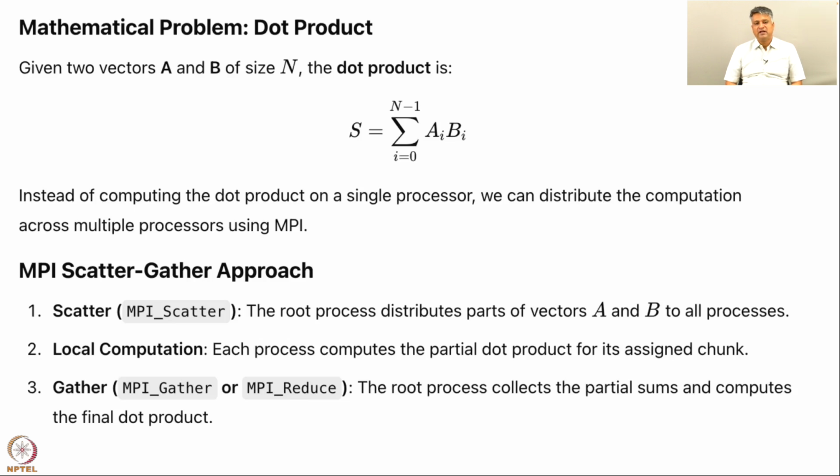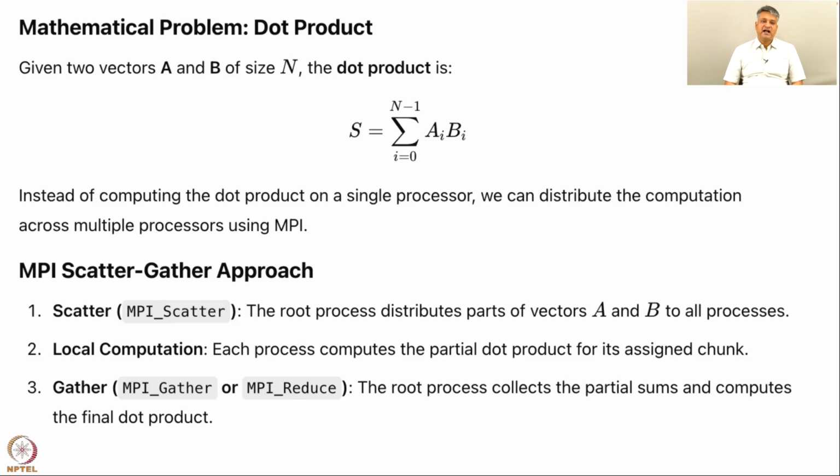So how does the MPI scatter gather approach work? The MPI scatter function will take the root process, which has the entire knowledge of A and B, and distribute parts of the vectors equally to all processes. Then each process will compute a partial dot product using its individual data, or its assigned chunk.